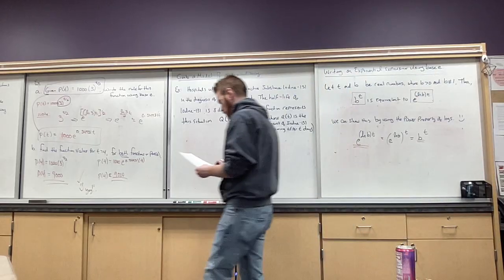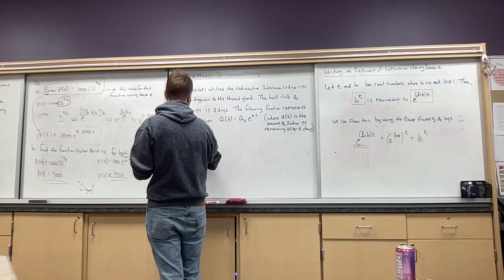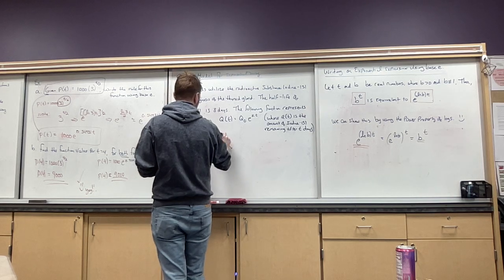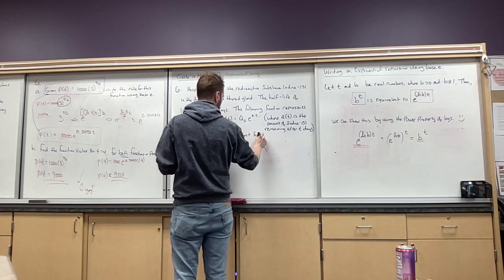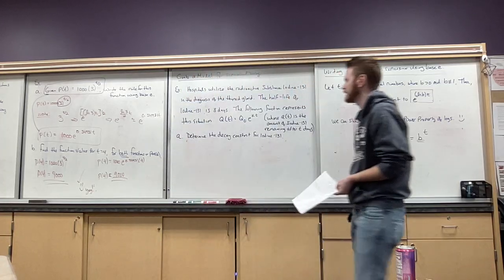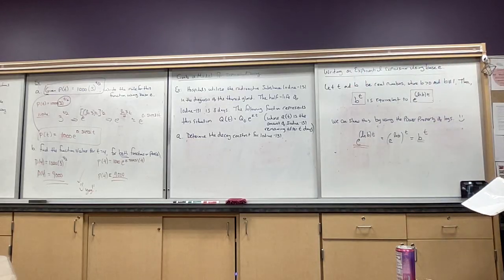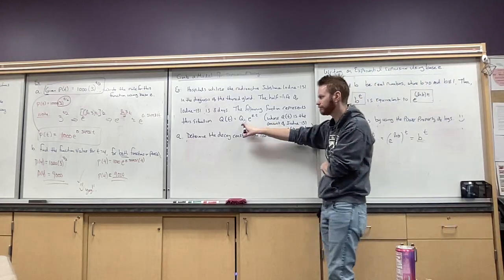So for part A, we want to determine the decay constant. What would be the decay constant for this? They don't give us a lot of information, but that's actually to our advantage, believe it or not. Do they give me any initial amount?